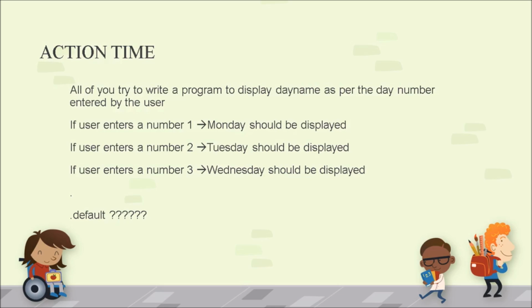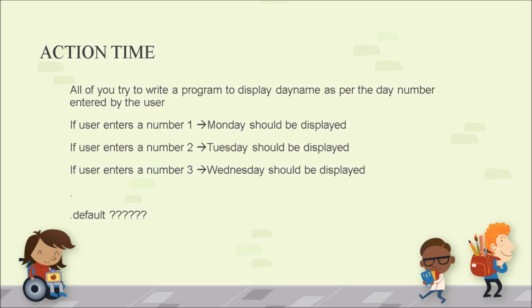Think. How many conditions are there? There are 7 conditions. So the first condition will come with if, followed by how many elif blocks? Yes, 6 elif blocks, and we must have a default condition.